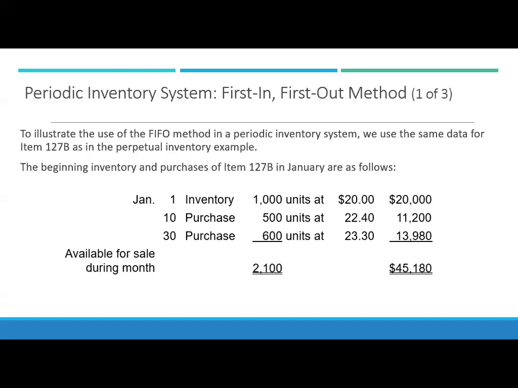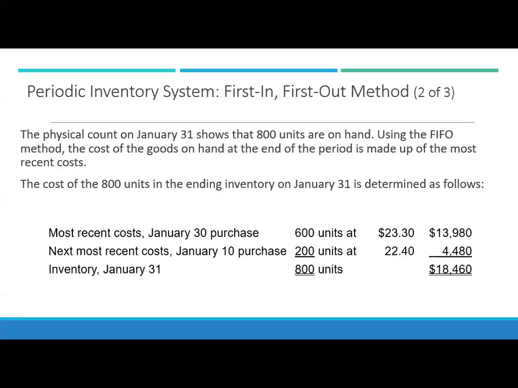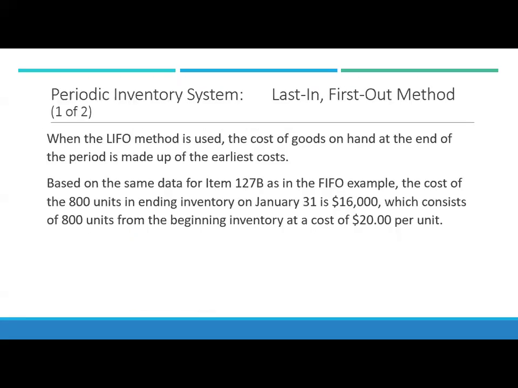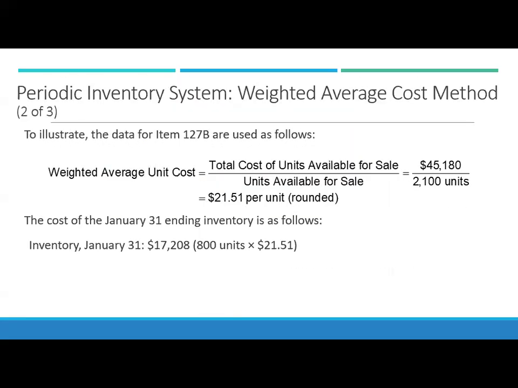Divide 45,180 by 2,100, and we get $21.51 per unit is our unit cost of the inventory.